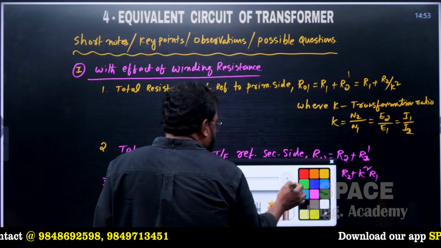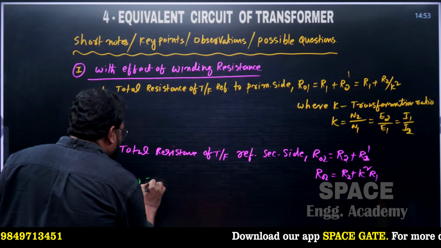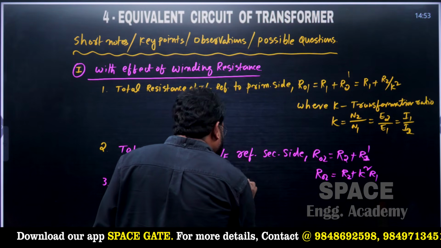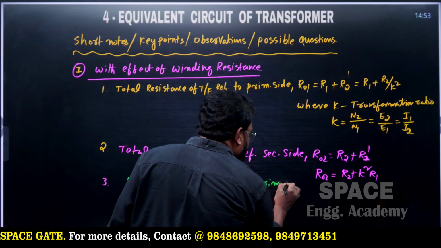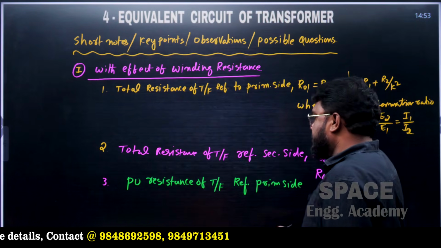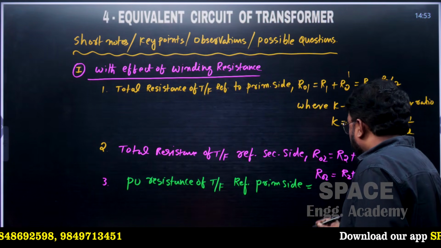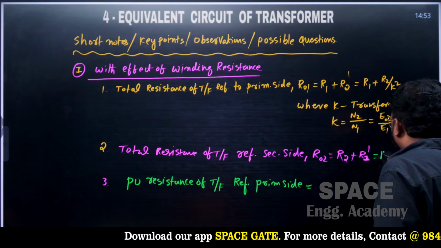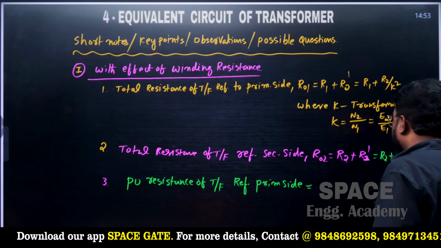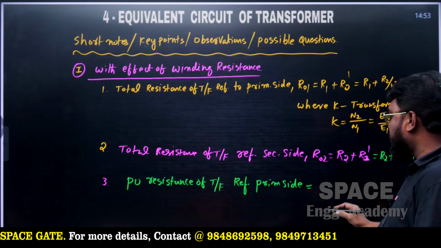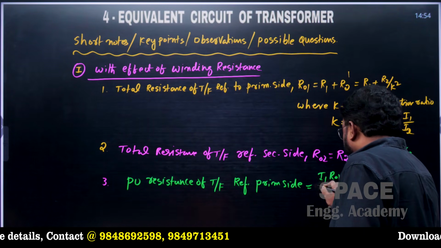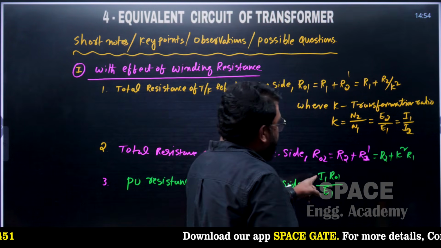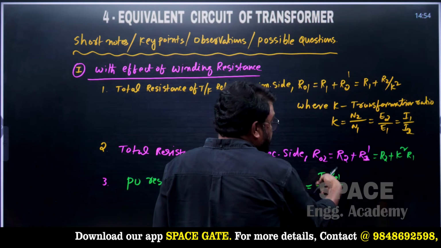Sometimes we have a question on per unit resistance, pu, of the transformer referred to the primary side. The per unit resistance of the transformer referred to the primary side is equal to I1 R01 divided by E1, where I1 is the primary current and E1 is the primary voltage mentioned on the nameplate details.